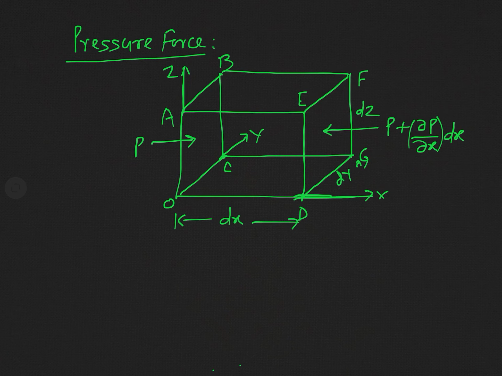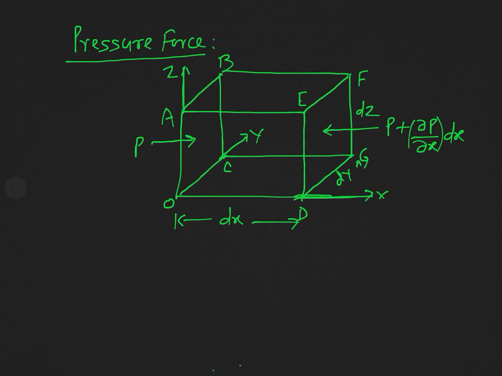You may say it is a cuboid, or you can take this volume in the form of a cube. Actually this is a volume element of the fluid, and let us consider the fluid is flowing in this region, and we have considered a volume element in that flowing fluid.